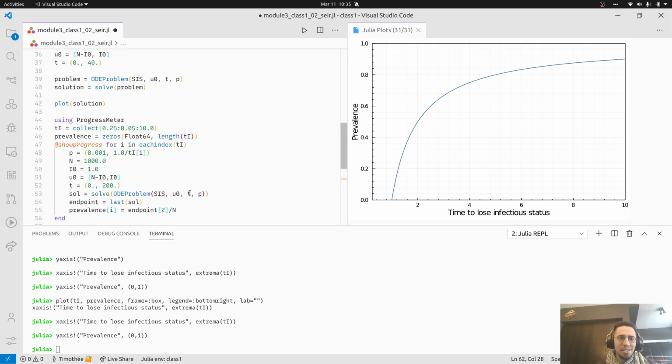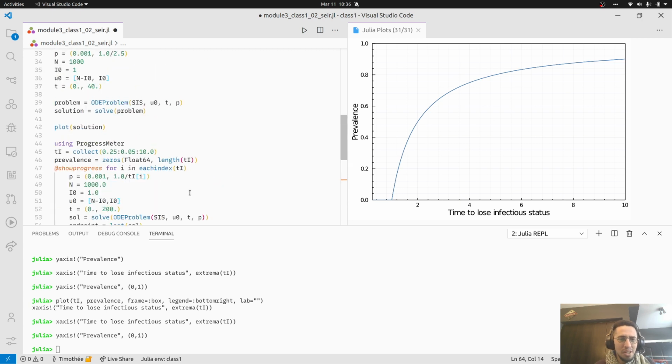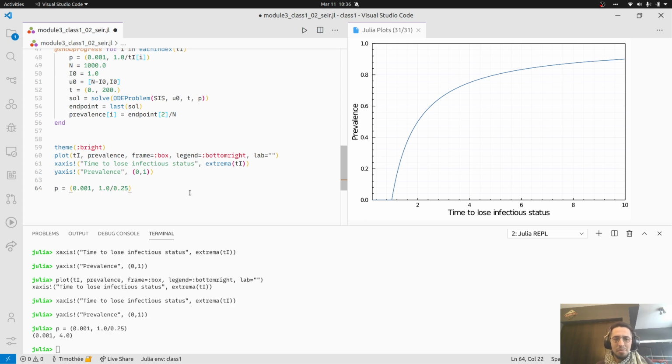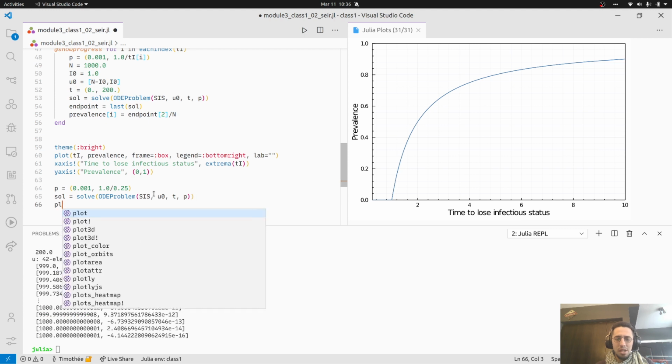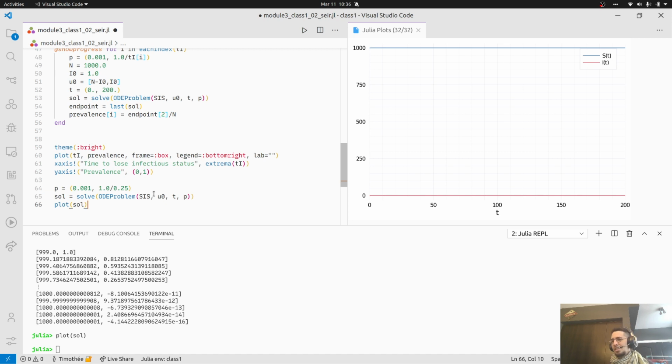We're going to keep the same p, and say it's like 0.25. If we do that and we solve the ODE problem here, and we plot the solution, what we see is that the disease is never establishing itself. There's no increase in the number of individuals over time. That's a very important result.